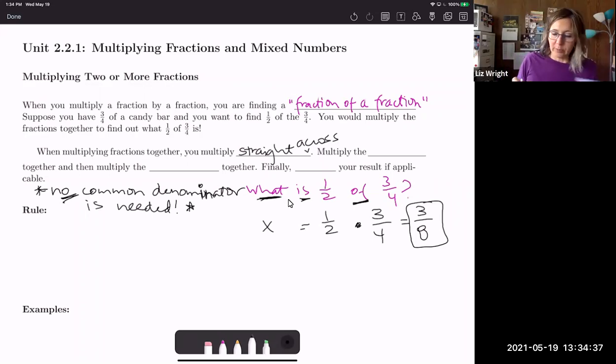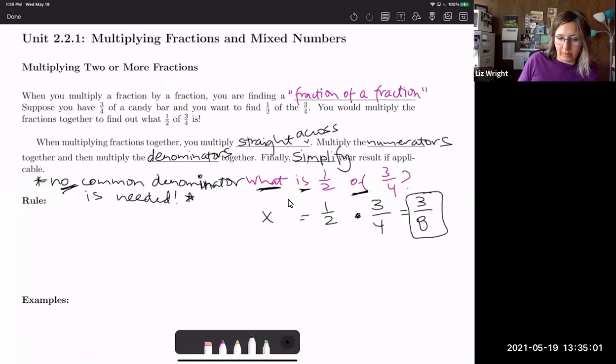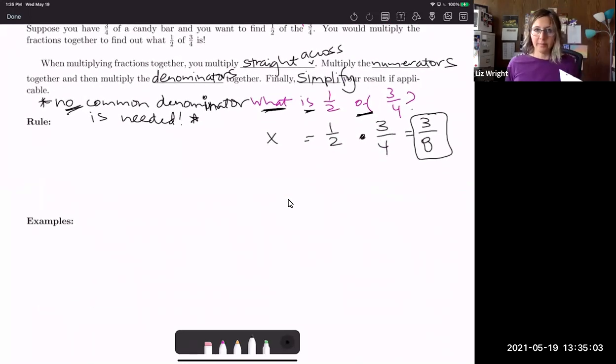All right, so we just multiply straight across. We're going to multiply the numerators together, and then we're going to multiply the denominators together. Finally, we will simplify, or reduce, if we need to at the end. So here's the rule we are going to look at.